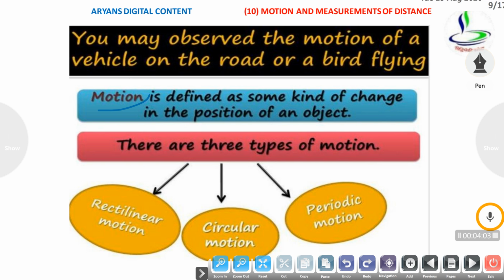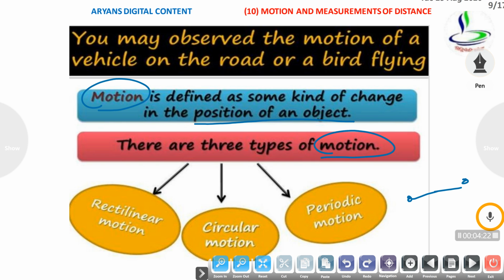What is motion? Motion is defined as some kind of change in the position of an object. If there is a change in the position of an object, we will define it as motion.